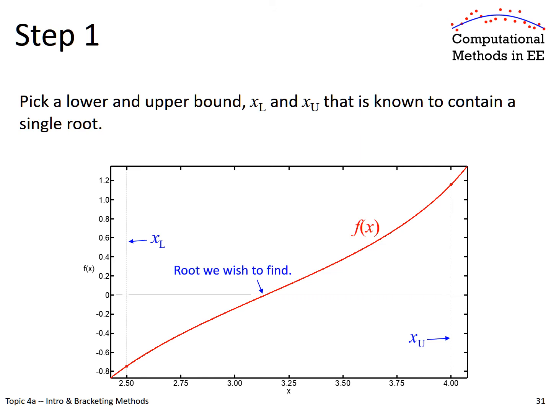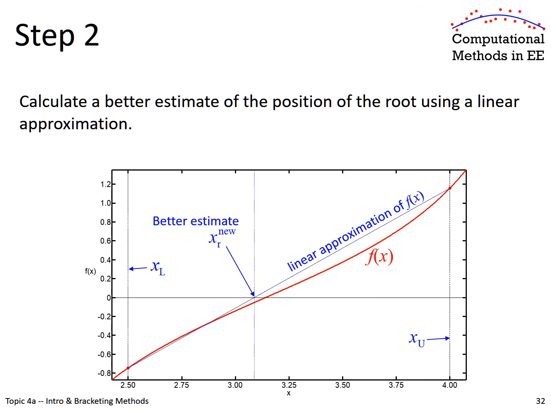So let's start over. We have an upper bound, a lower bound, the same function we were talking about with the bisection method, and we have the root that we want to find. Now we want to estimate a new position for our root. So what the method does is it essentially connects the point on our lower bound with the point at the upper bound with a straight line.